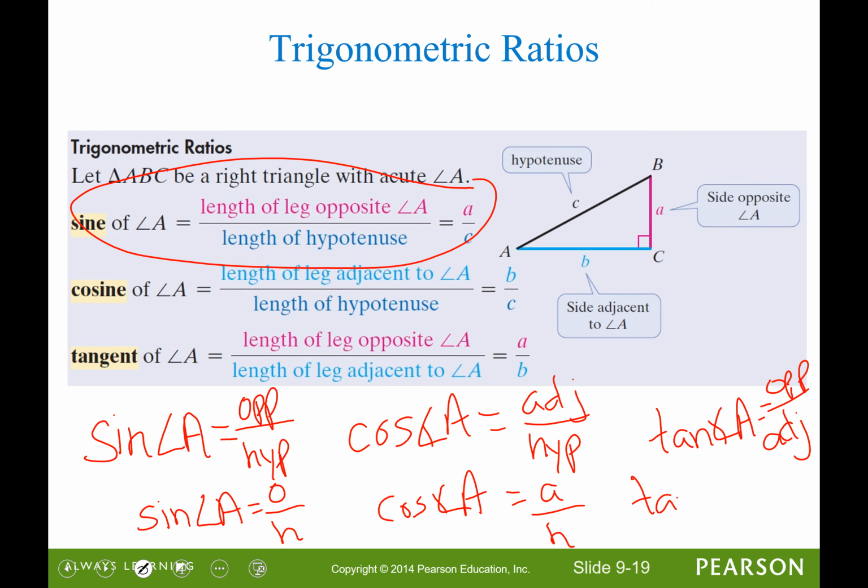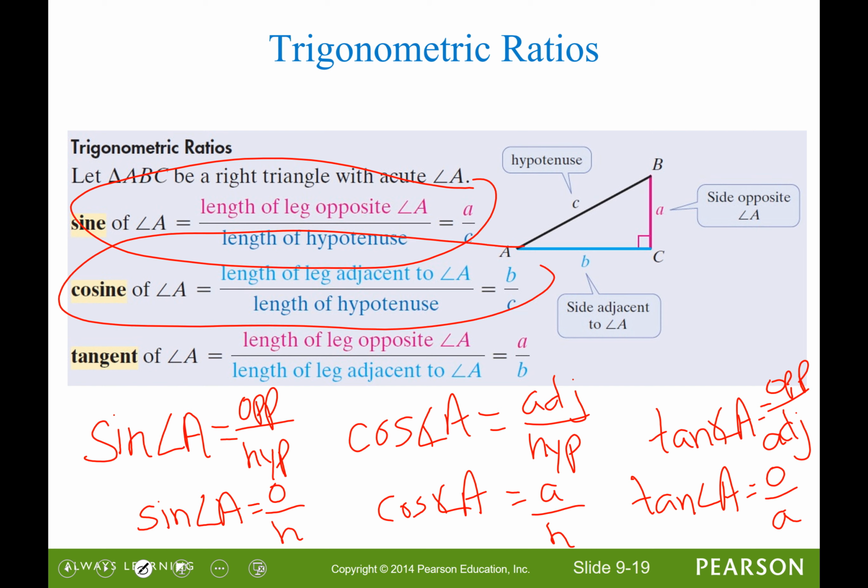And tangent of angle A is equivalent to O over A for opposite over adjacent. Okay, so this is the version where everything is spelled out for you, and then you see some abbreviations below.